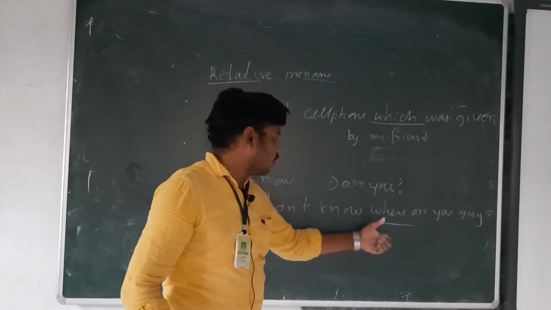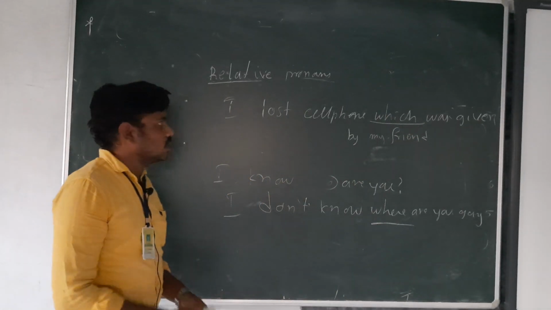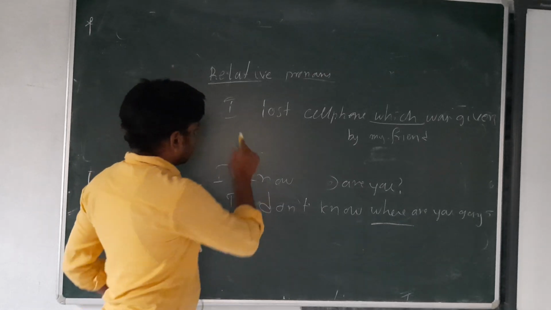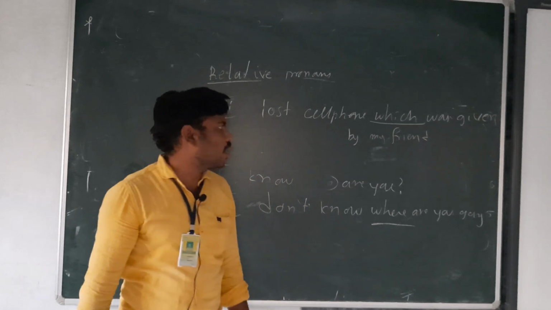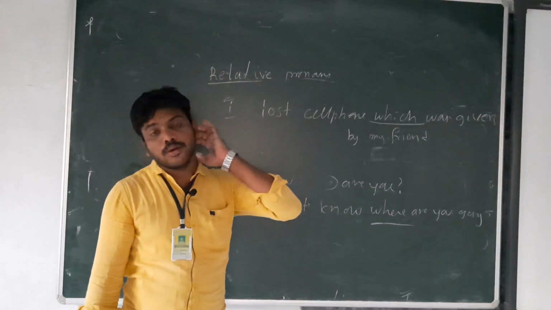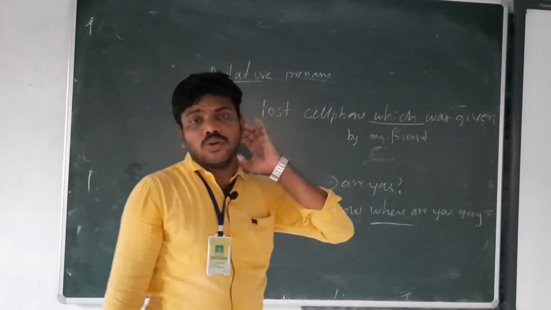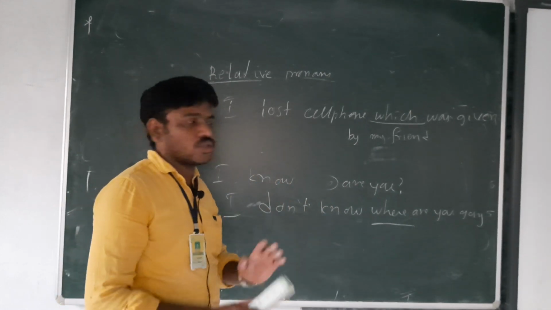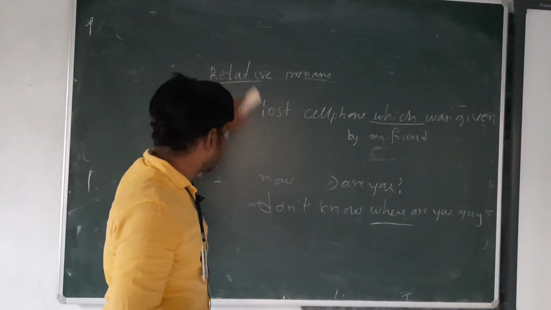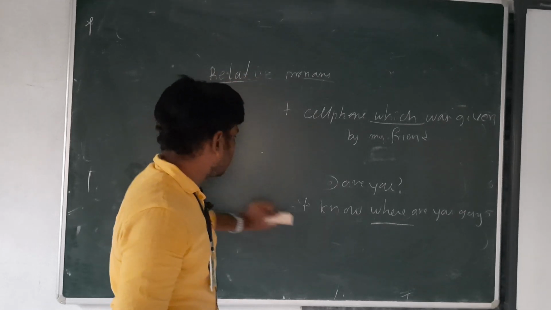So which, where, and that are called relative pronouns. The examples are: I lost my cell phone which was given by my friend. I know a person who is studying abroad. So these are relative pronouns.